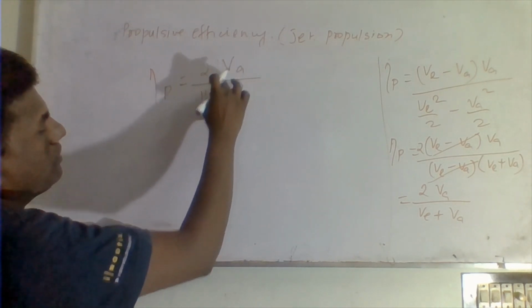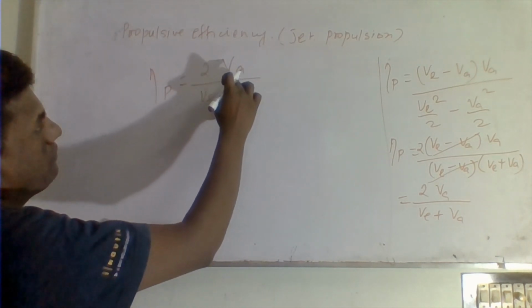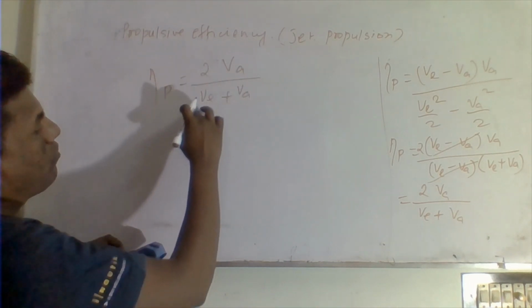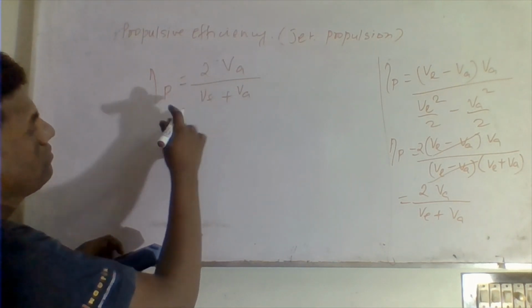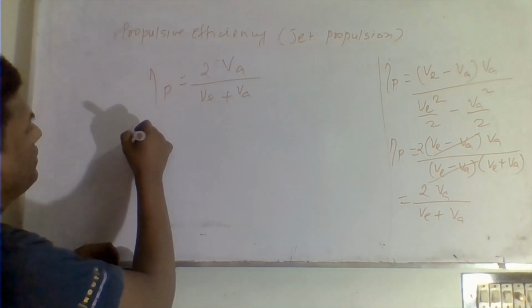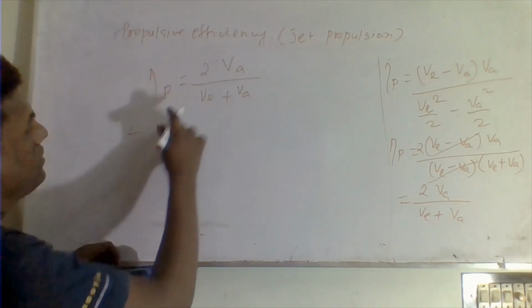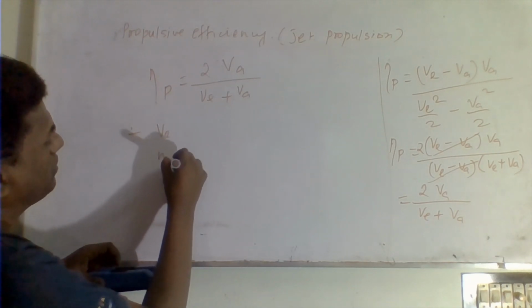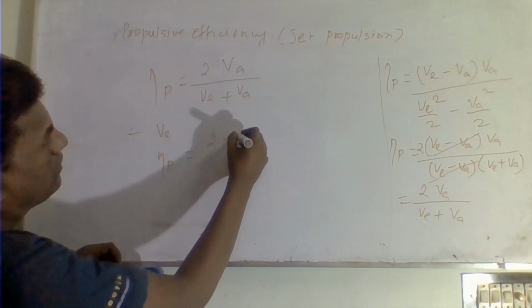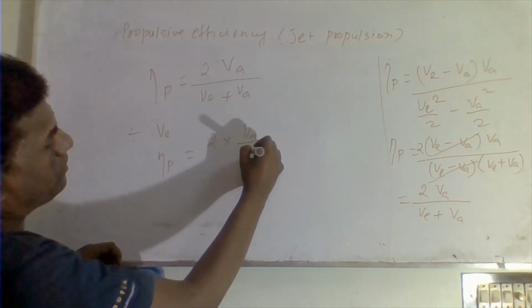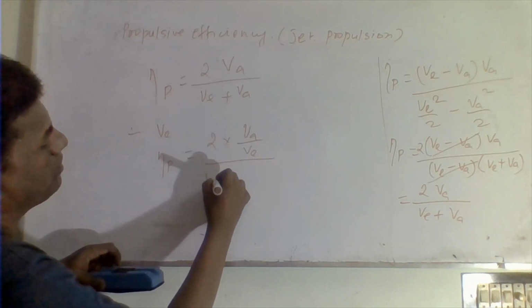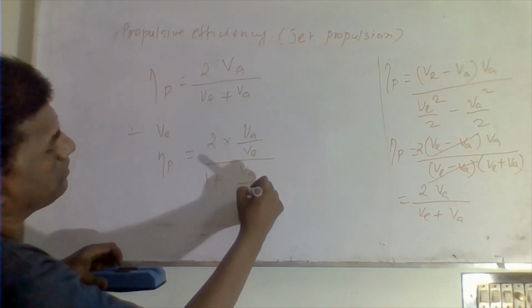We are dividing by VE on both numerator and denominator. Then this becomes 2 into VA by VE divided by 1 plus VA by VE.